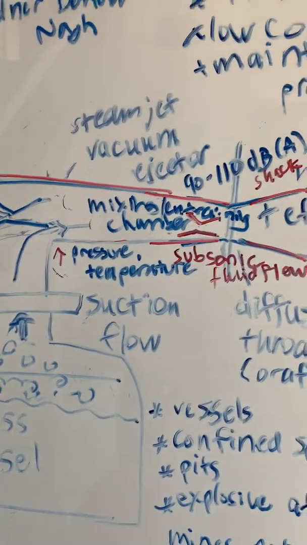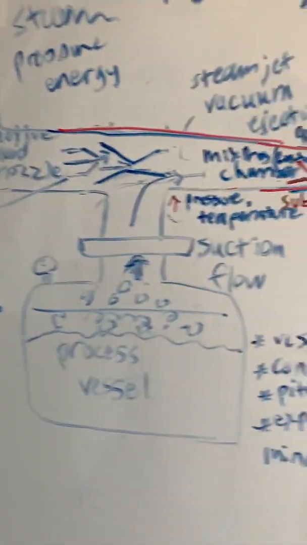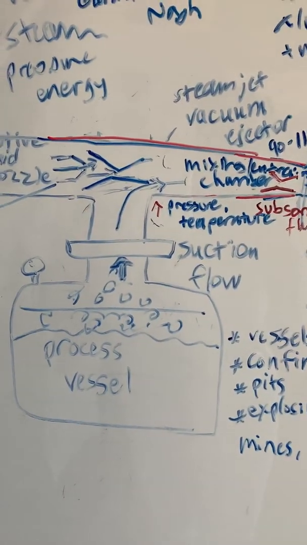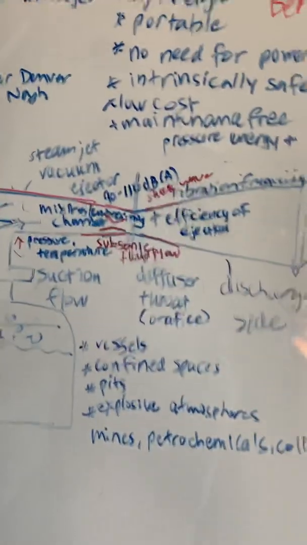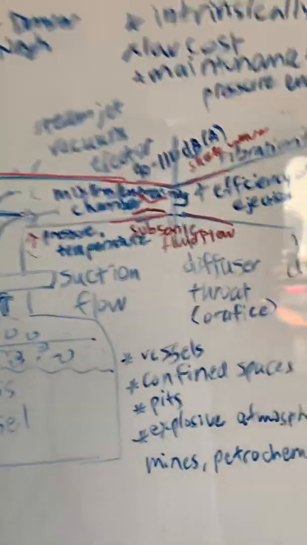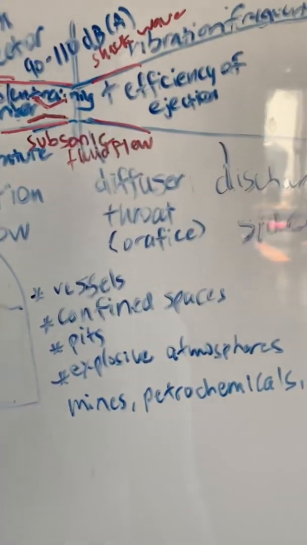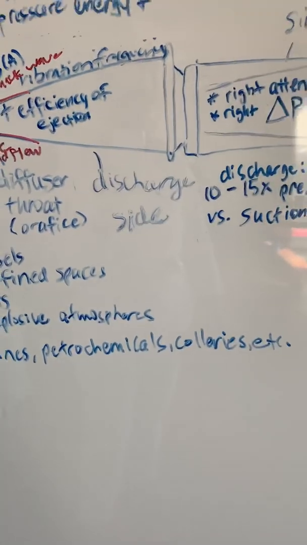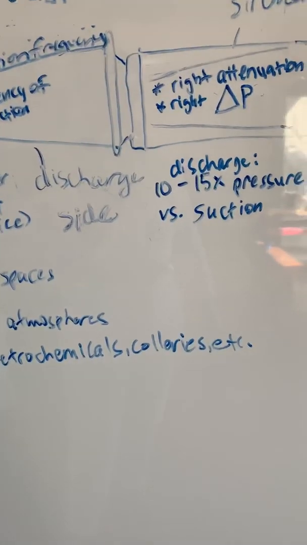But let's see. So where would we find this kind of ejector? Okay, so we can find these vessels in, for example, confined spaces, pits, explosive atmospheres, mines, petrochemicals, collieries.